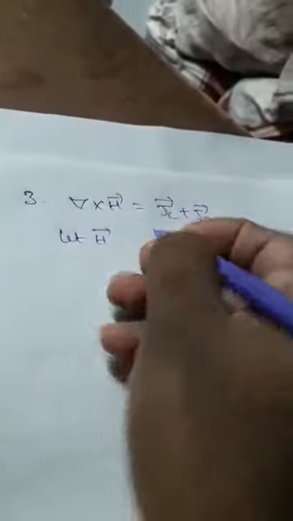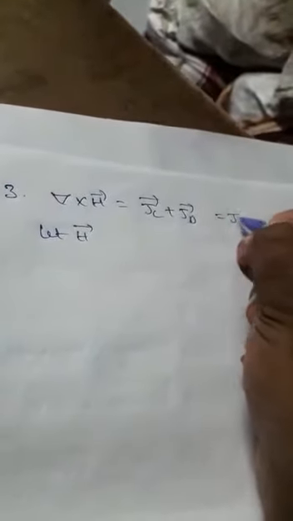So the third equation is curl of H bar is equal to Jc bar plus Jd bar. One more thing: Jd bar is dou D bar by dou t.